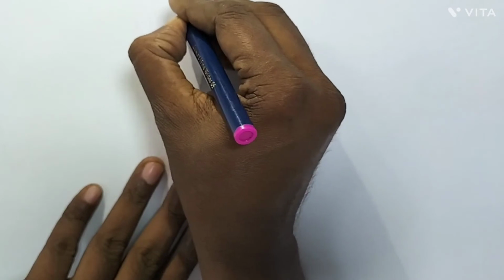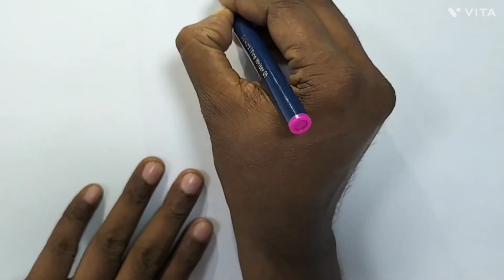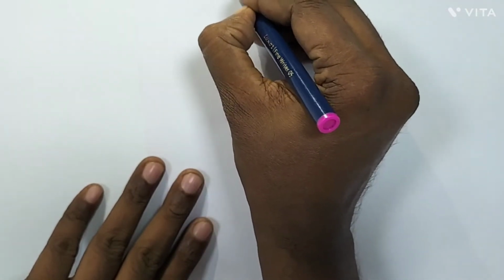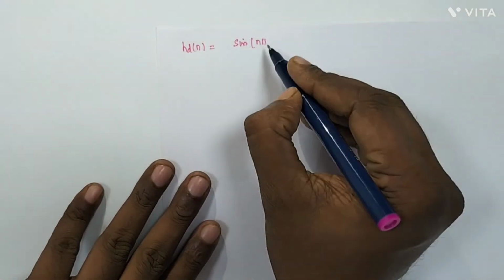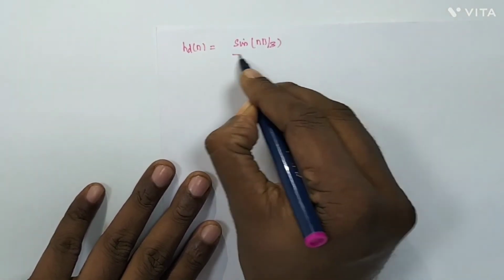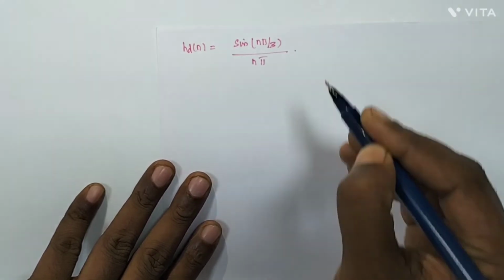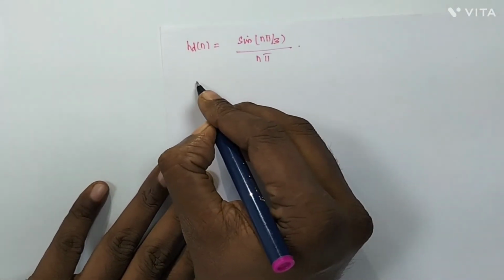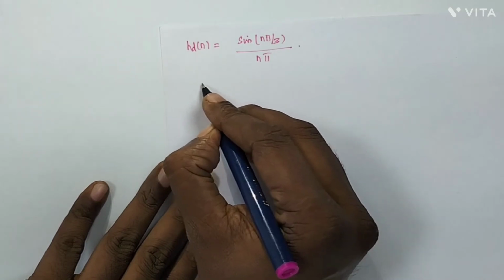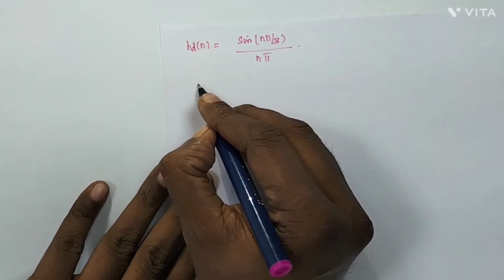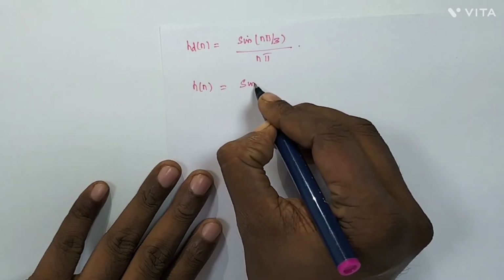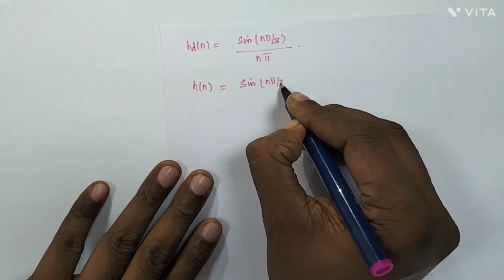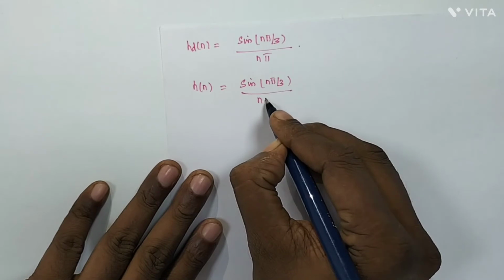hd of n is equal to sin n pi by 3 divided by n pi. To find the actual response, h of n is equal to sin n pi by 3 divided by n pi.